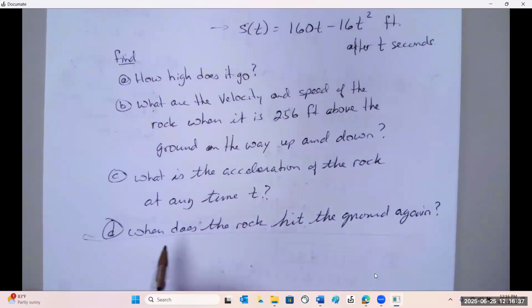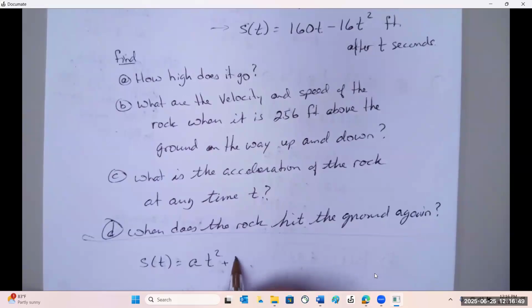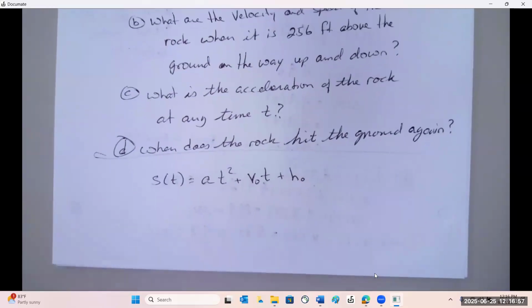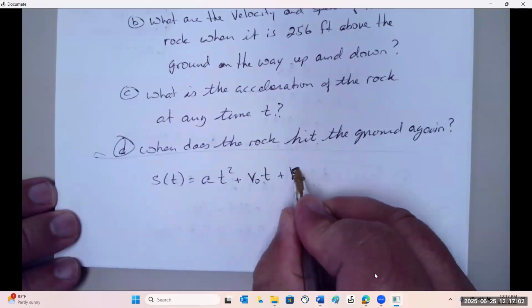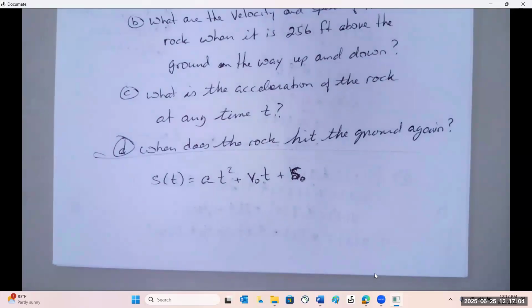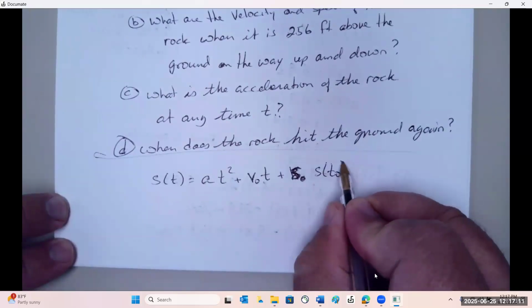So before we do these questions, let's look at the position function. Or actually, instead of H, I'll put S sub-zero. Or you can put, instead of that, S at T sub 0.